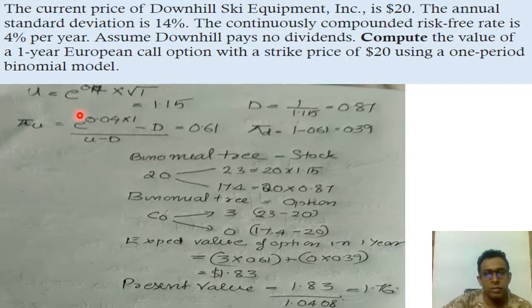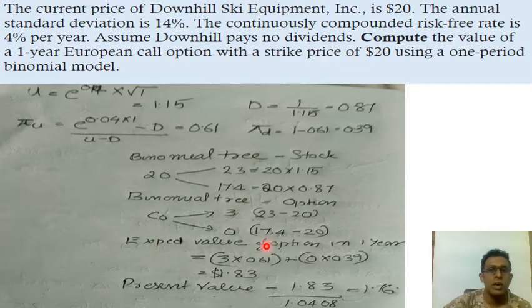Then we'll have to find out the stock value and option value, as we have to assume a portfolio with stock and option so as to value the option. So for the stock, 20 will go up to 23 and it will go down to 17.4, as calculated by our d and u values. And for the binomial tree option, if the stock goes up to 23, the value of the option is 3, and if it goes down to 17.4, the value will be 0.